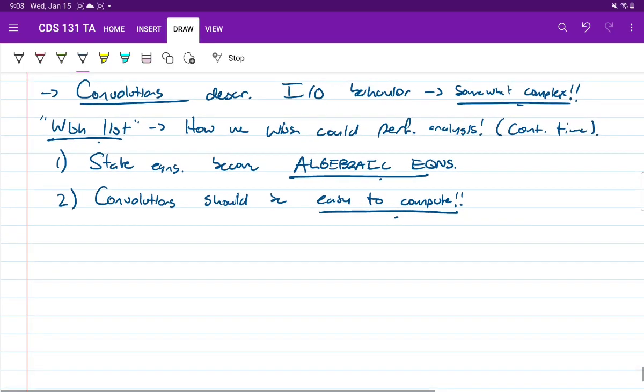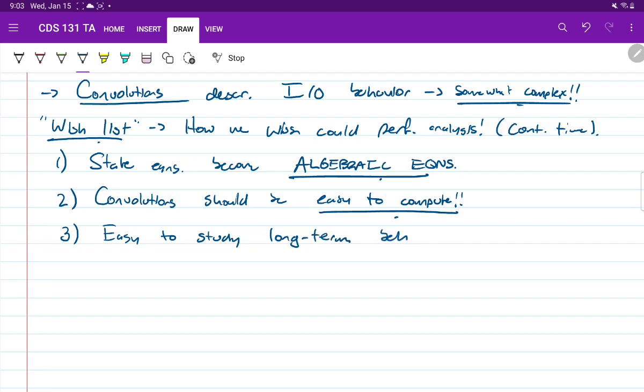Third, this is looking a little further down the line in the course, but it's still important to state now: it should be easy to study the long-term behavior. Just by looking at some basic properties of our system, we should be able to easily figure out what the system is going to do in the long term, whether it's going to blow up or converge to something.